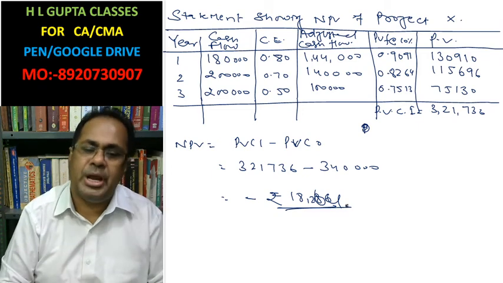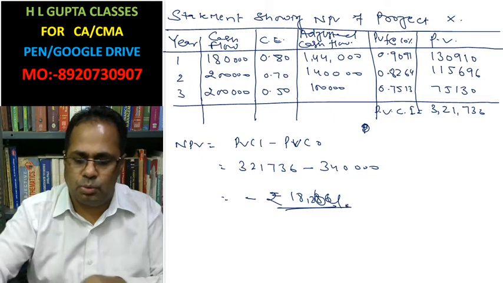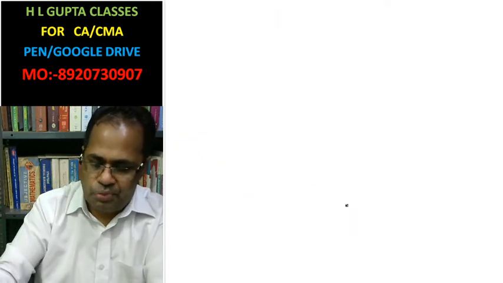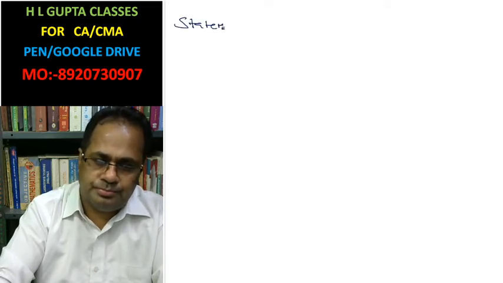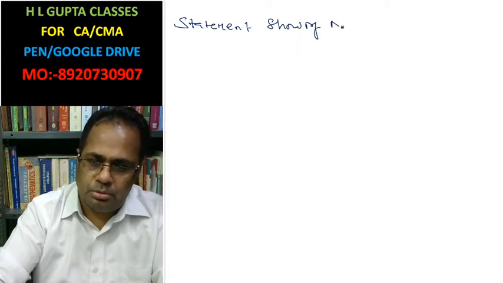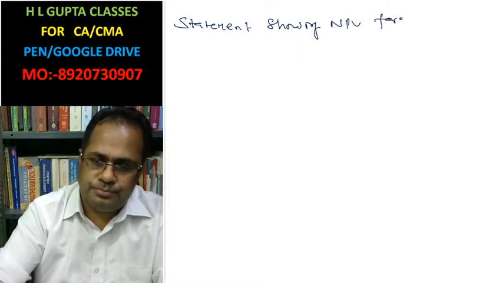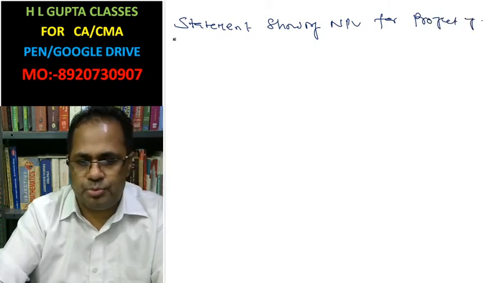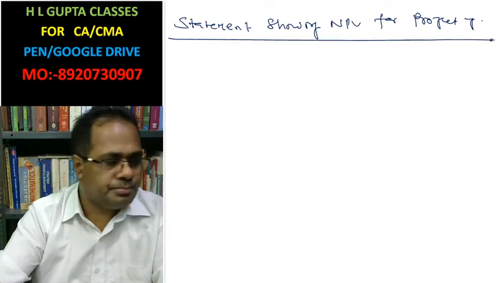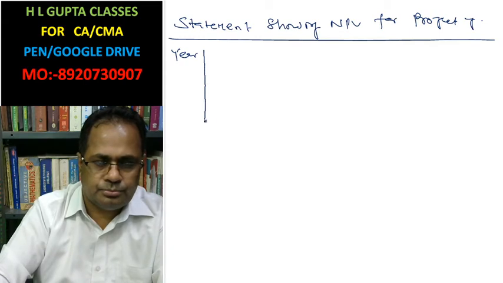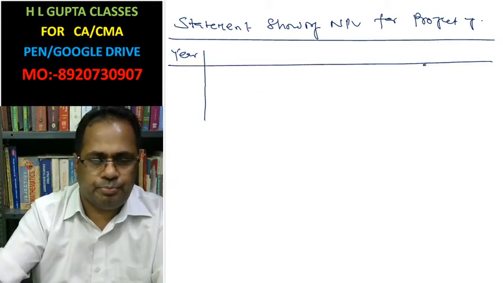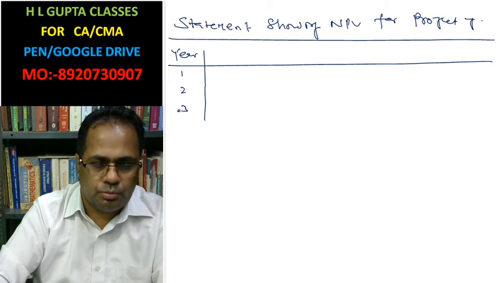Exactly the same way we have to calculate net present value for project Y. A statement showing net present value for project Y. This is the year, one, two, three.